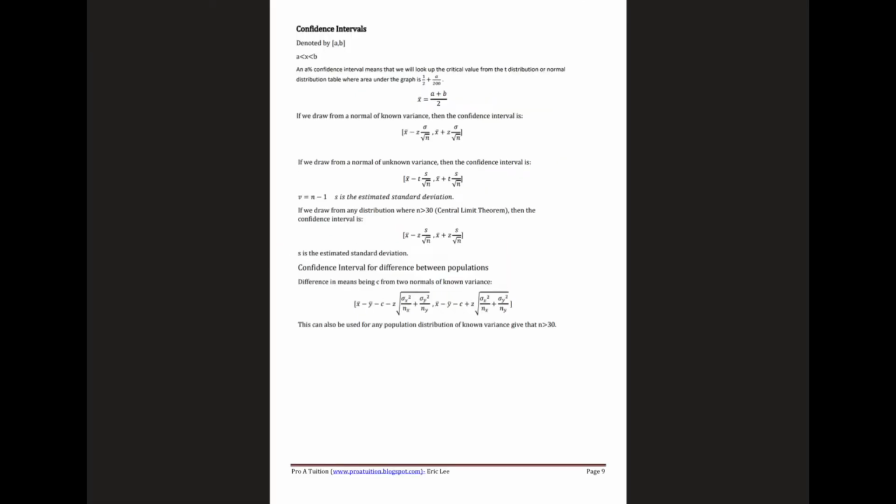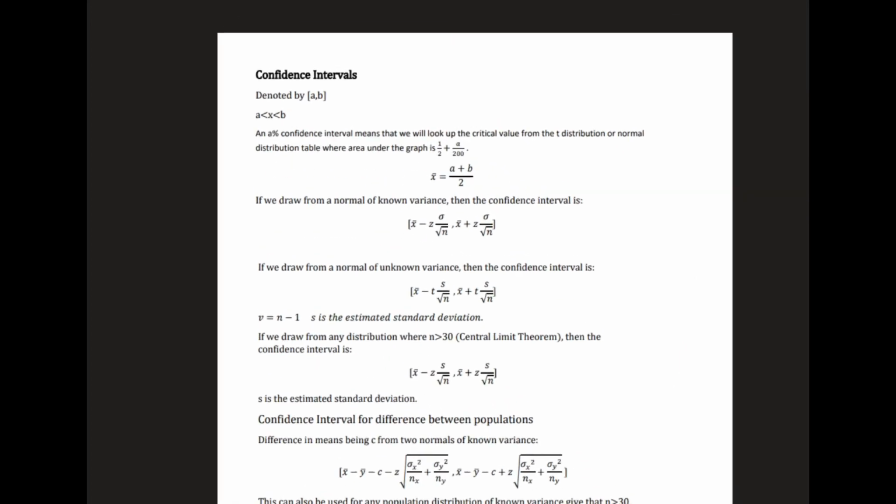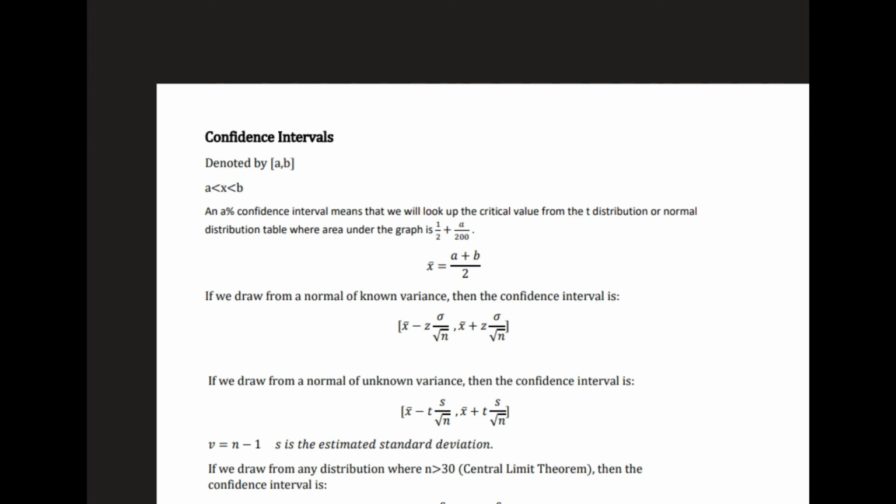Okay, so on this page, we have confidence interval. Okay, so let's see. Our confidence interval is in general denoted by a to b.